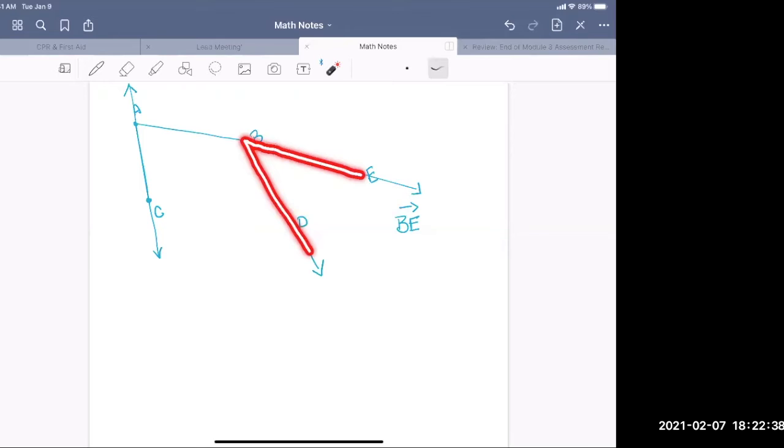Very good. They meet at point B. Both of these rays are connected, and they kind of look like the corner of maybe a triangle.